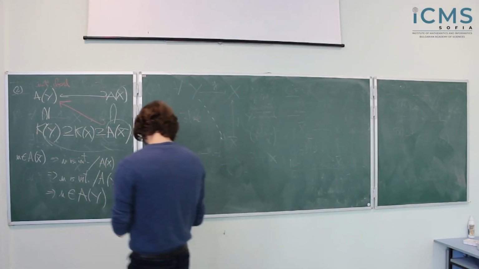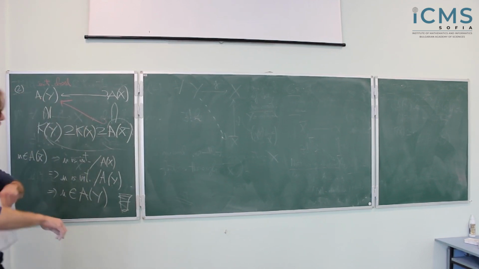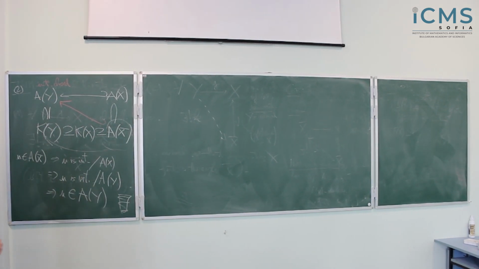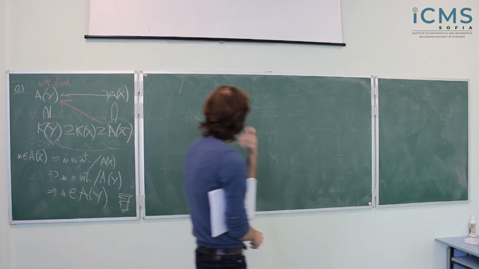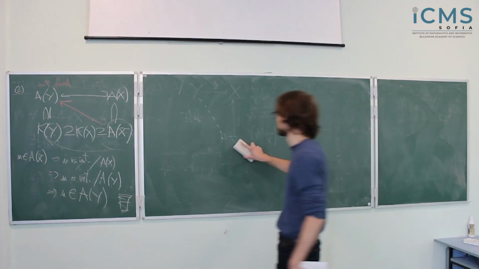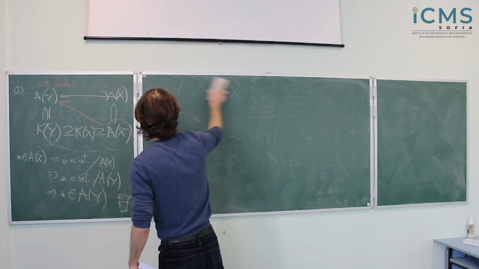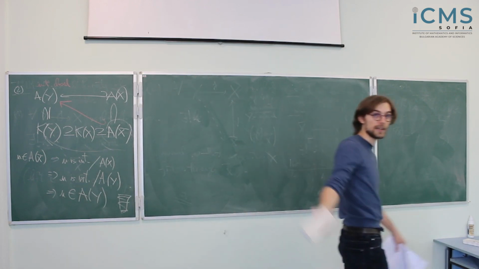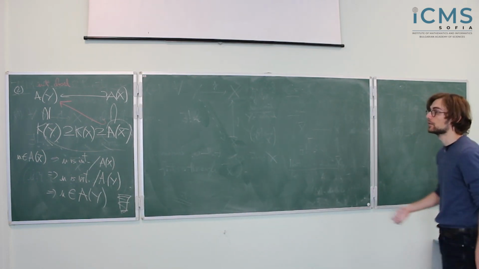So for now we have these tensorial properties of the normalization. Okay. So step 2, and now we are going to restrict to curves.